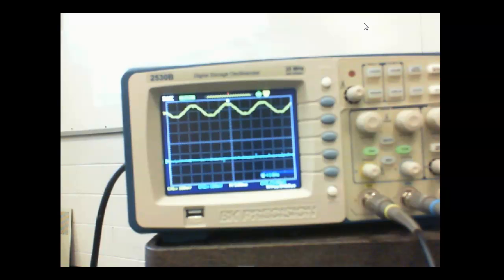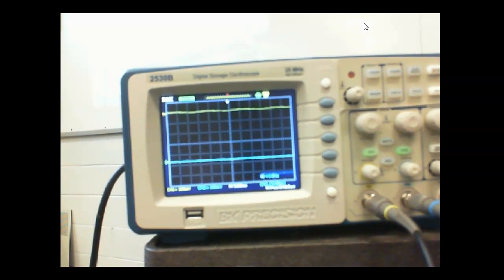That AC signal being induced into us is what makes these touch screens work. So that's what it's picking up. The whole display is a bunch of rows and columns, and wherever you touch, it gets a signal and knows where you're at. We call it a capacitive effect. So this is me.